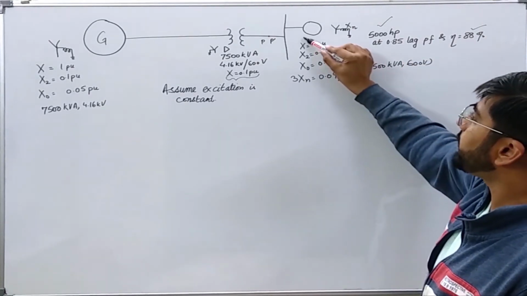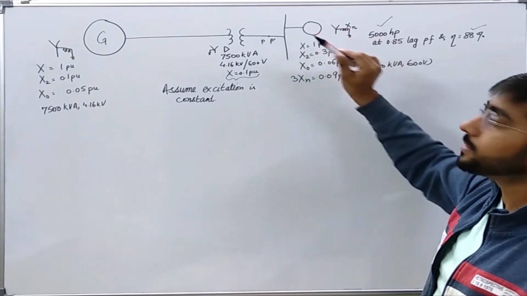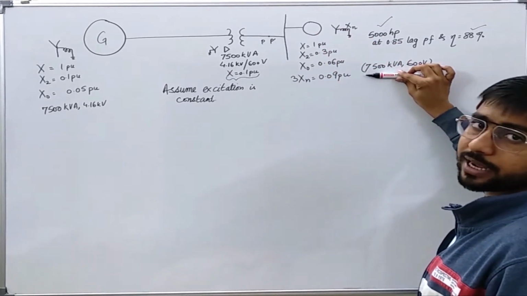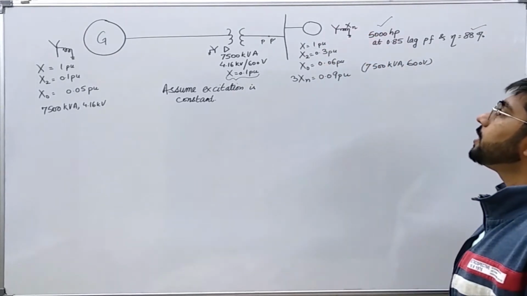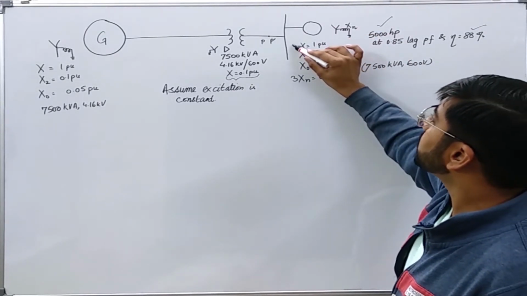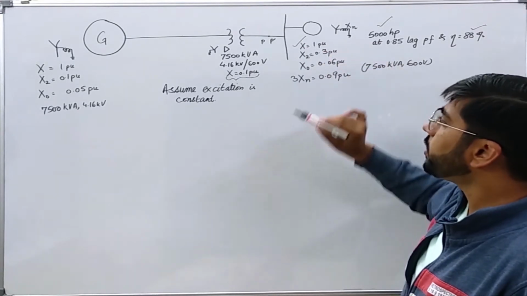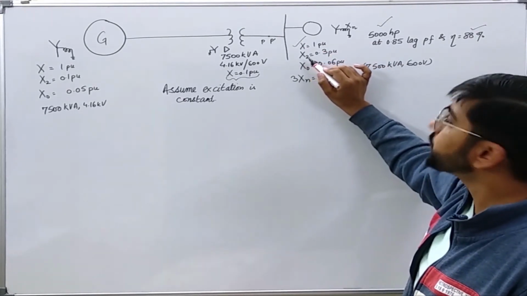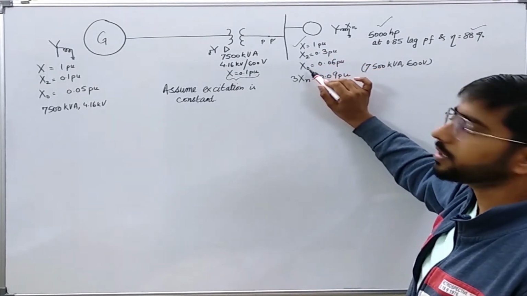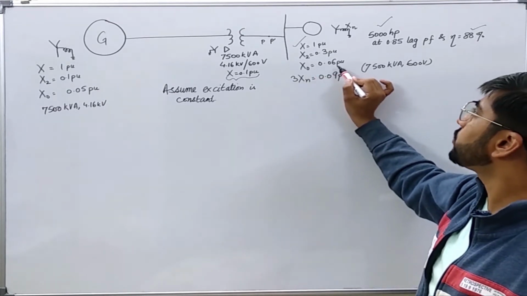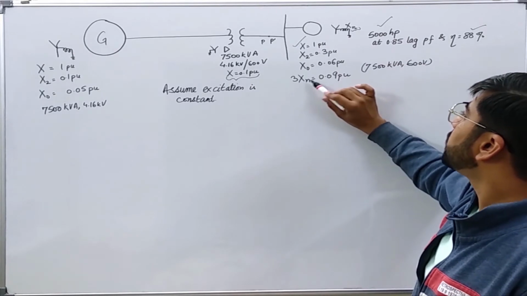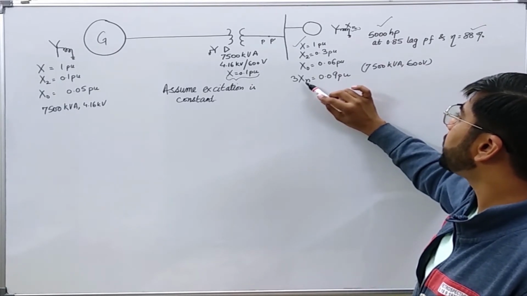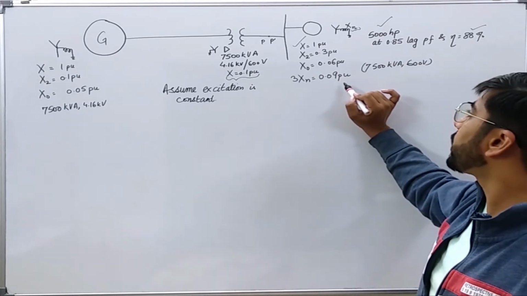The various ratings of the reactance on 7500 kVA base and 600 volt base on this side of the circuit are given as: the synchronous reactance of the motor is 1 per unit, the negative sequence reactance is 0.3 per unit, X naught, the zero sequence reactance, is 0.06 per unit, and this grounding reactor is given by 3 times of this value, which is 0.09 per unit.